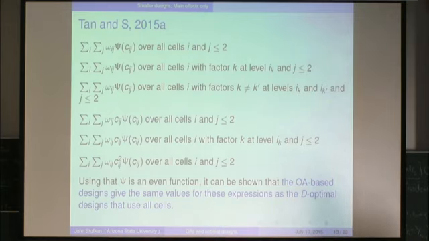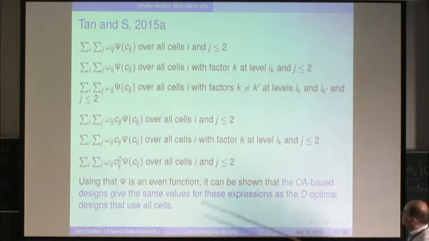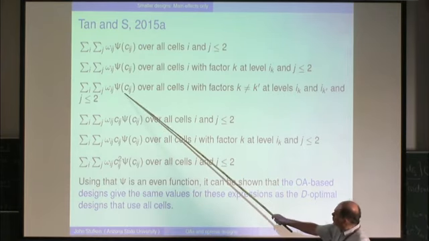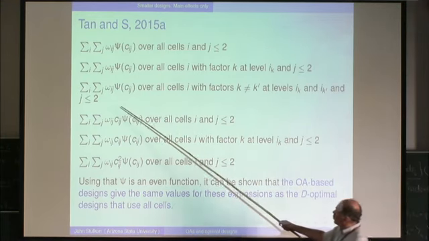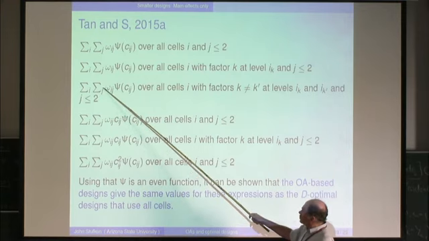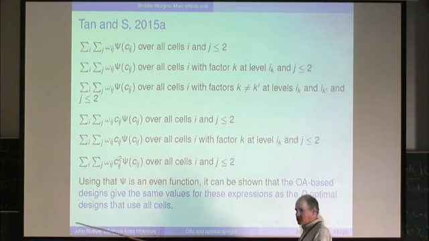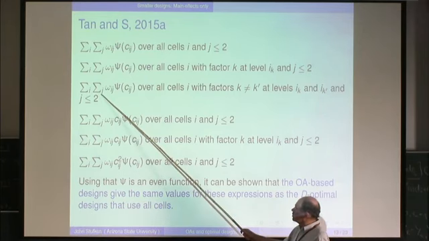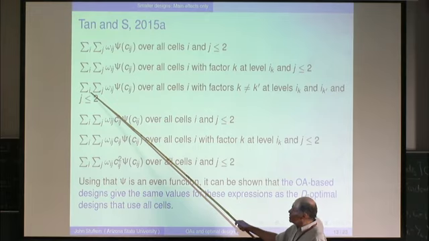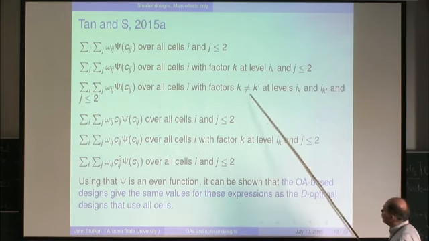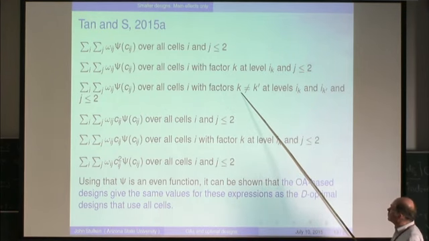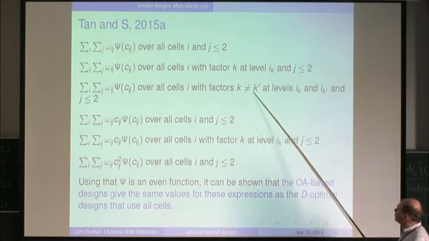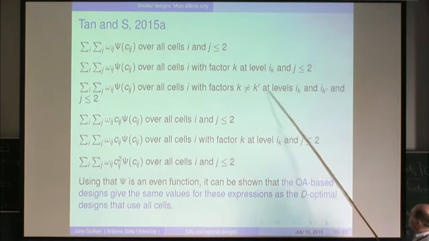And the reason that you need something like an orthogonal array comes from, for example, this expression over here. In order to keep this the same, here the summation is over j, which means the replicates or the different support points within a cell, and it's over i, that means over the cells that you're using, but it specifies that you only sum over those cells that have a fixed level for the kth factor and for the k prime factor, right?